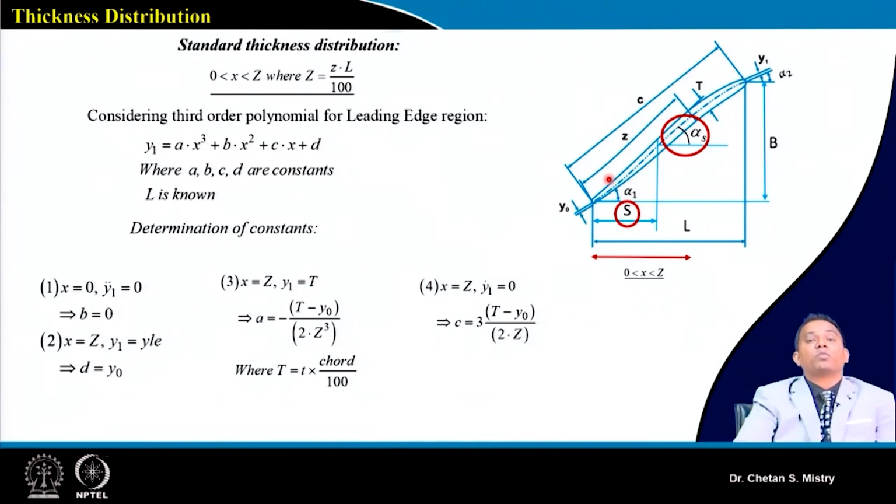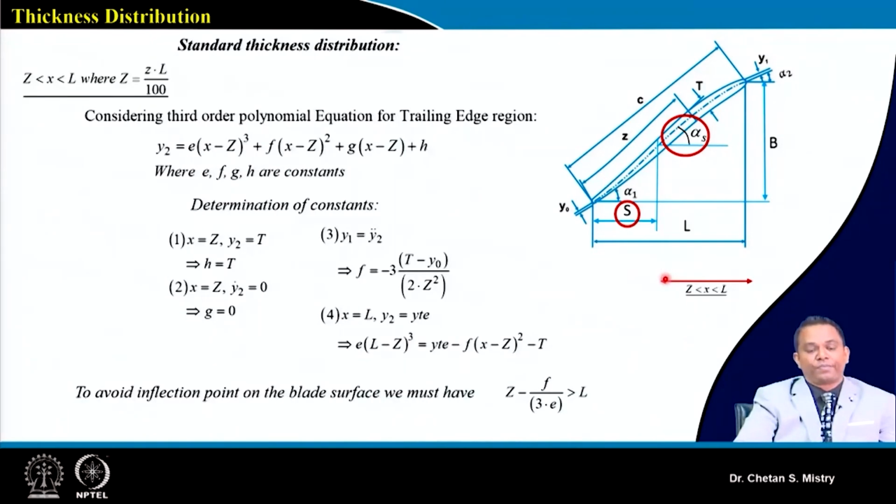We will be able to calculate the thickness distribution on our pressure surface, especially up to some location Z. Now, in the later part, towards the trailing edge, there also we are taking a third order polynomial, but we know that in that particular region we are looking for the management of shock in a different way.